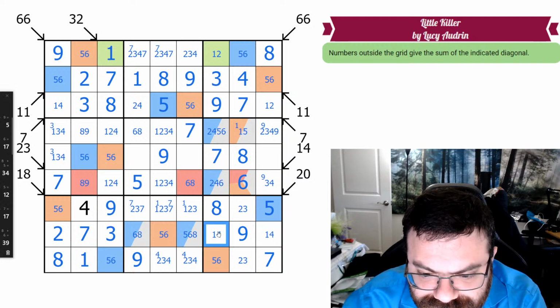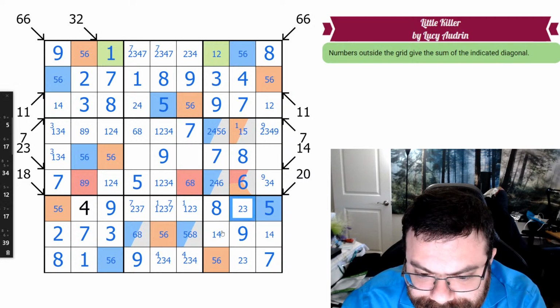So if this were a 1, we'd add to at most 8, and that's not enough because 8 plus 4 is 12.